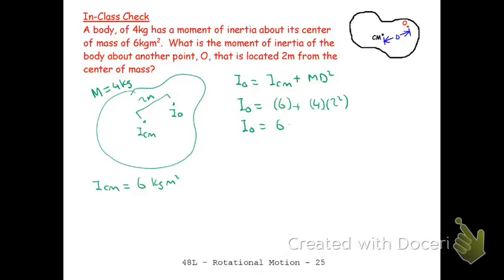I is equal to 6 plus 2 2s are 4, 4 4s are 16, which equals 22 kilogram meters squared. It doesn't get smaller. It's always a plus sign, so it doesn't get smaller, and it quickly gets bigger. As soon as you go further away, it gets bigger.